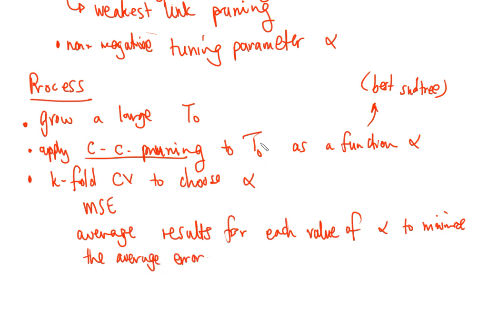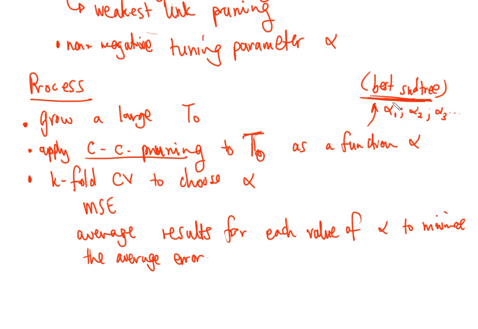So what we're basically saying is we have our best subtrees, right? They are functions of alpha, indexed by alpha. So we have a subtree for alpha 1, a subtree for alpha number 2, a subtree for alpha number 3, and so on.